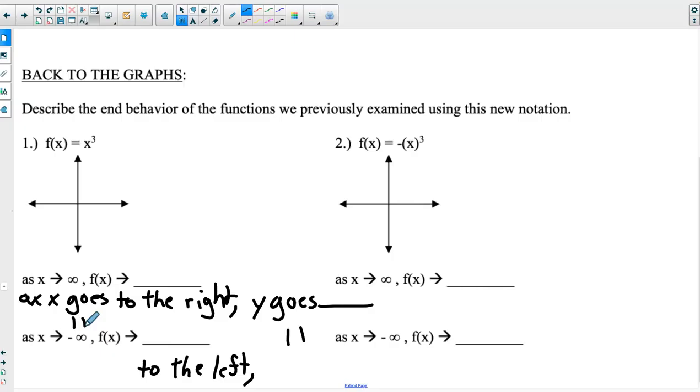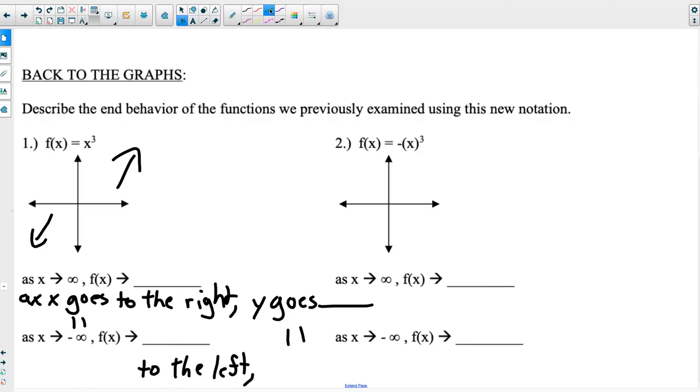x cubed. Point the arrows to me. What are we looking at? Positive x cubed. Yeah, all right. Positive x cubed looks like that.